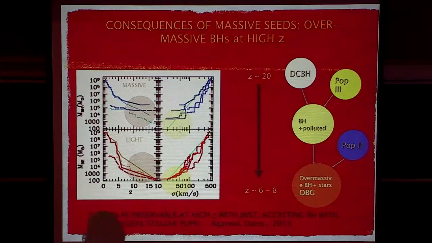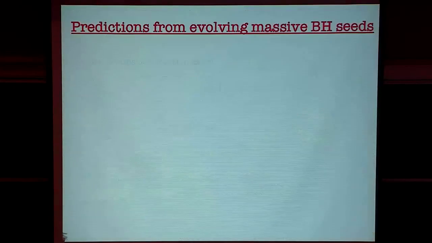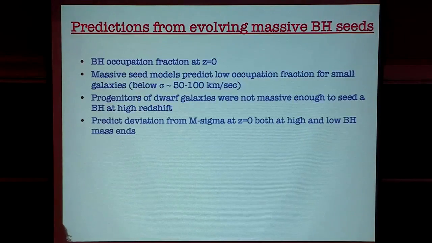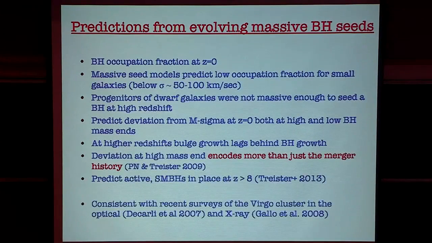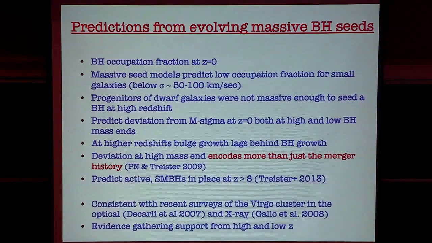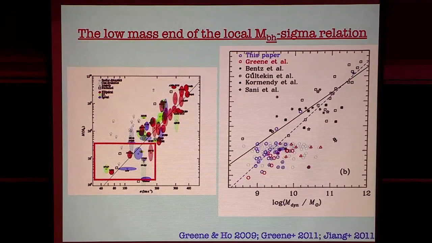And it's very promising because these will be the pristine halos forming the more massive seeds, and there are particular signatures that potentially JWST could see. So there are a whole host of predictions from evolving these massive black hole seeds, and we actually will be able to discriminate with particular sets of data.